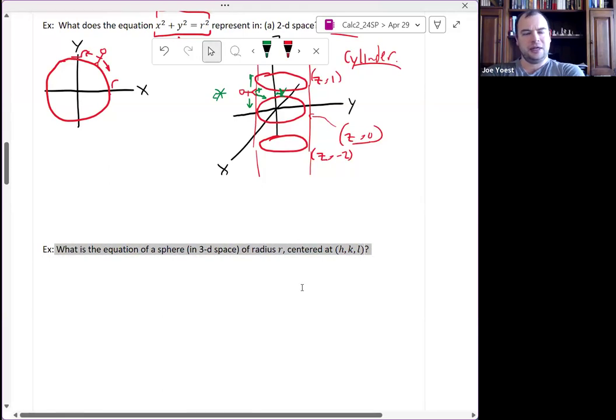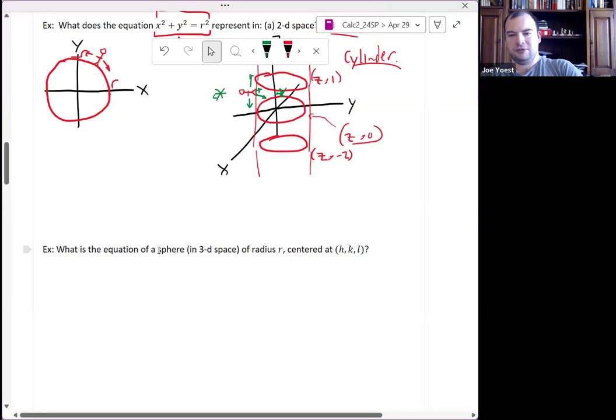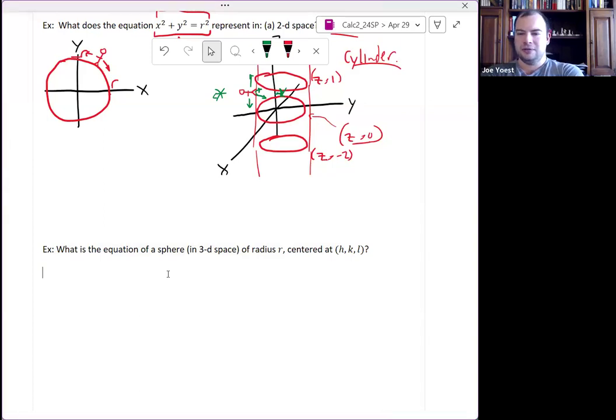Let's look at a related idea. What's the equation of a sphere in 3D space of radius r centered at h, k, and l? And if we wanted to be careful here, a sphere is really a surface, and a ball is the enclosed volume.